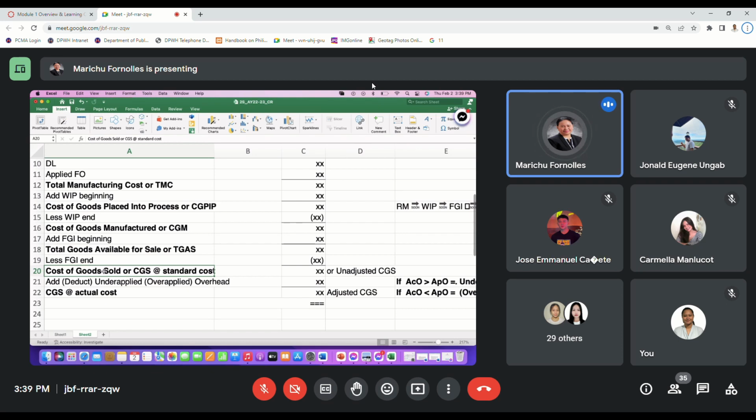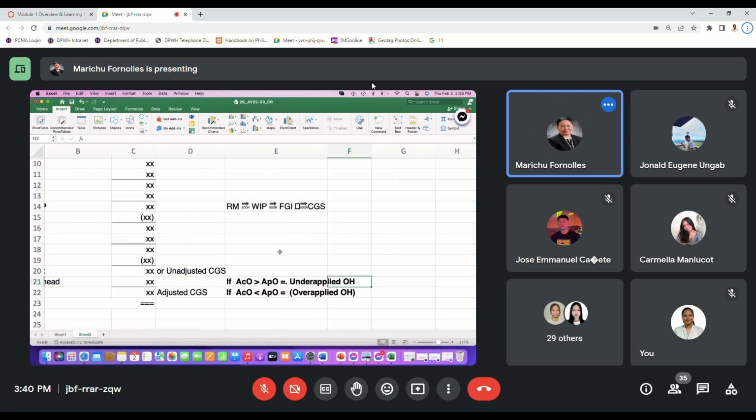But if it is already the end of the accounting period, then you are going to compare. So you have to remember this rule. Compare the actual overhead, that's ACO, with the applied overhead, or APO.